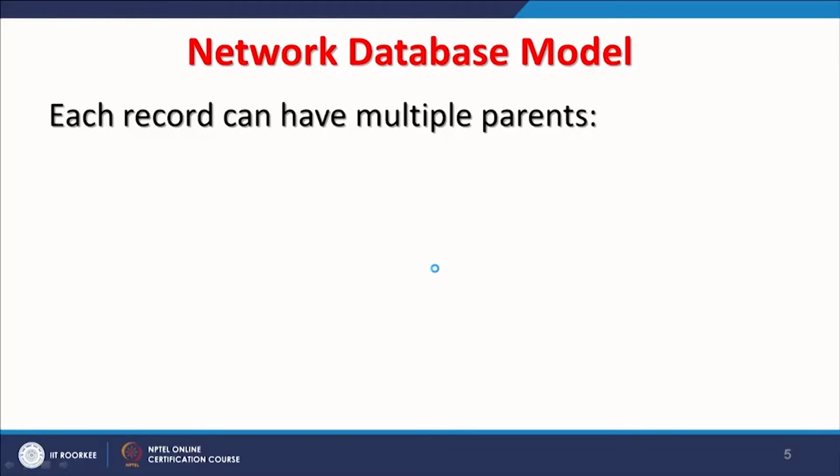Here each record can have multiple parents. Earlier each child could have only one parent, but here it is reversed: each record can have multiple parents, and it is basically the network database.